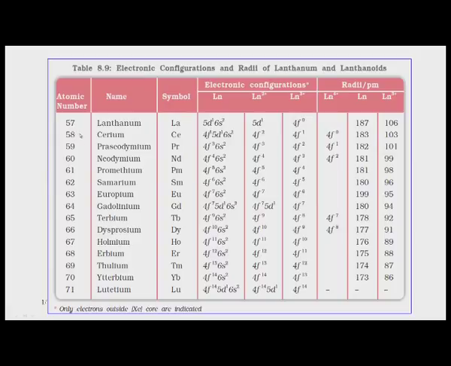And if your atomic number is given to you, like that of cerium, because cerium we all know is a very common metal salt which we use in the laboratory, ceric ammonium sulfate or ammonium ceric sulfate, which is also like your Mohr's salt, a double salt.